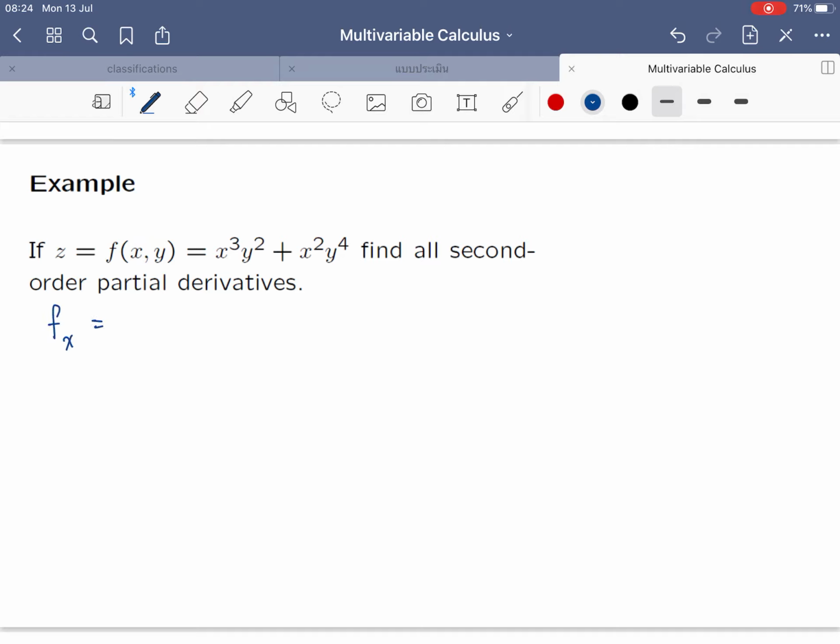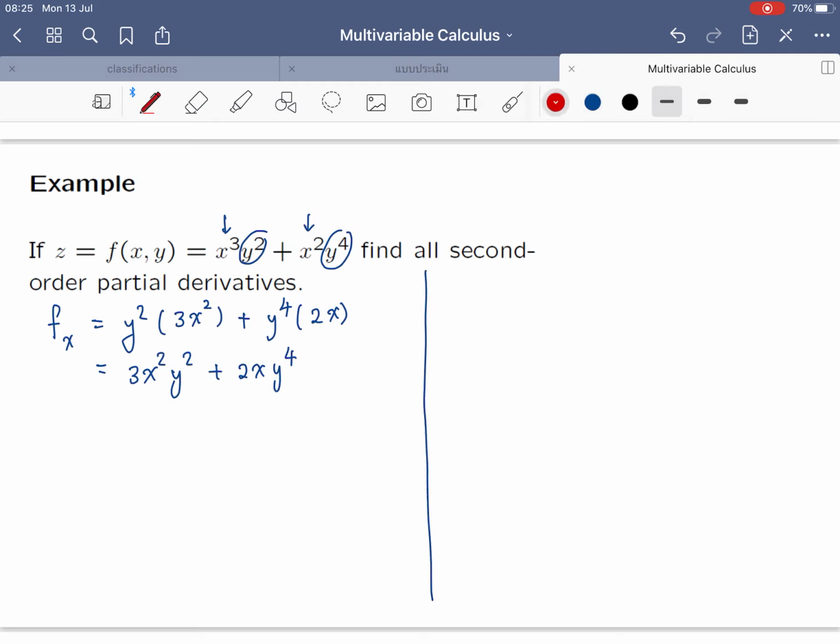I'm not sure whether you are familiar with finding derivatives already, but here y squared is a constant and the derivative goes directly to x cubed, so you have 3x squared. Here y to the fourth is a constant and the derivative of x squared is 2x. So you have 3x squared y squared plus 2x y to the fourth.